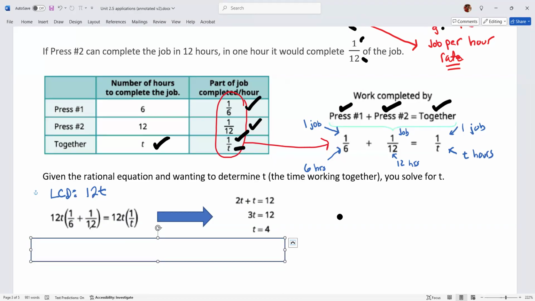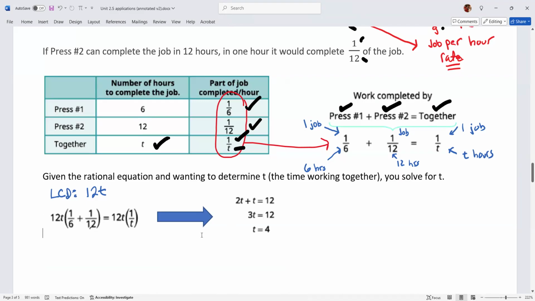then you can see, and let me go ahead and kill this entire, you can see that when I distribute the 12T into each, so imagine I've distributed the 12T and it's multiplying the 1/6. Well, what happens here? The 6 cancels itself. 12 divided by 6 is 2.